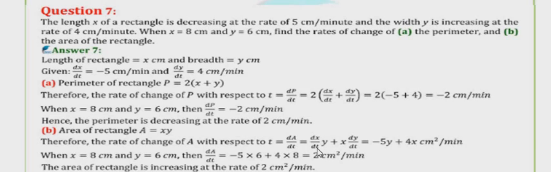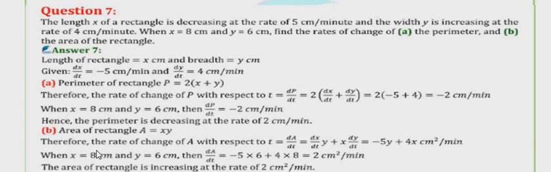So dx by dt is given, dy by dt is given. This is the value of dA by dt. Now it is asked, when x becomes 8 cm and y becomes 6 cm, at that time what is the rate of change of area with respect to time?